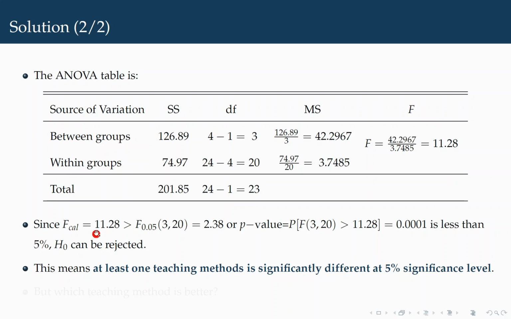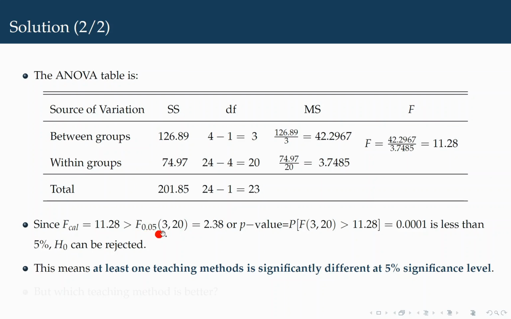So here, since the calculated value of the test statistic, which is 11.28, is greater than the tabulated value F at alpha equals 5%, or 0.05, with g minus 1 degrees of freedom 3 and n minus g degrees of freedom 20.